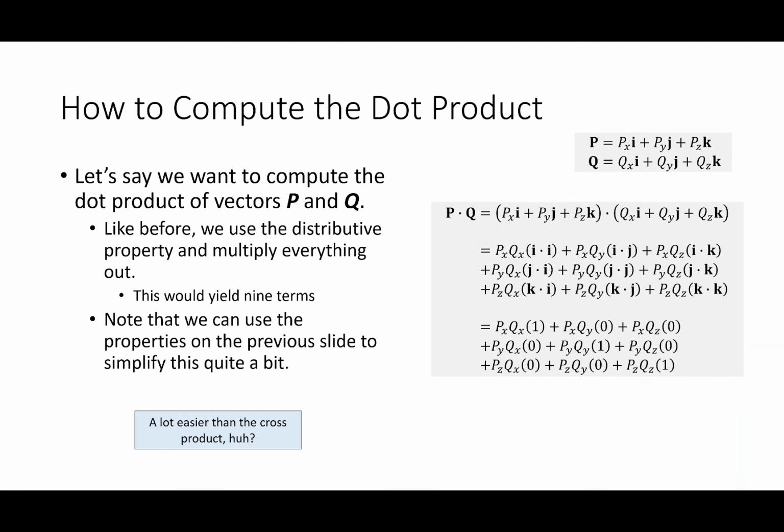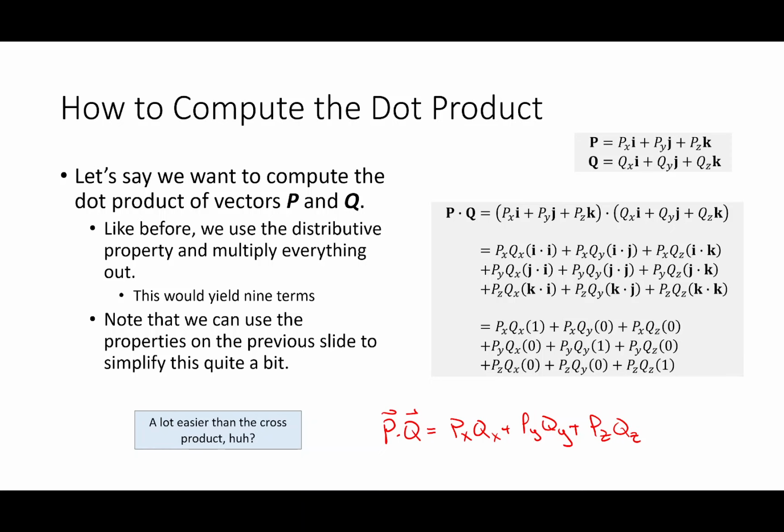P dot Q is PX QX plus PY QY plus PZ QZ. And that's it. That's the dot product, right? I imagine every one of you that's done a dot product has done it this way, am I right? It's one of the easiest mathematical computations you'll ever have to do in engineering. Is everybody okay with this?